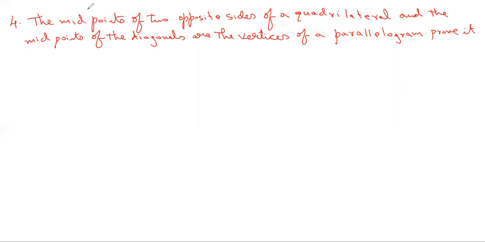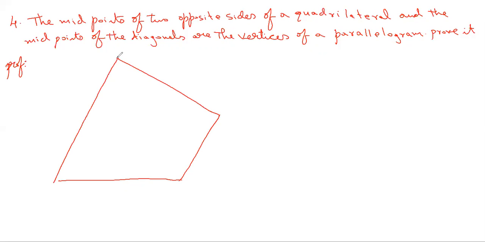So like in the previous problem, we take a random arbitrary quadrilateral. It can be any quadrilateral, some random A, B, C, D. Now what did they tell? They took the midpoints of two opposite sides.